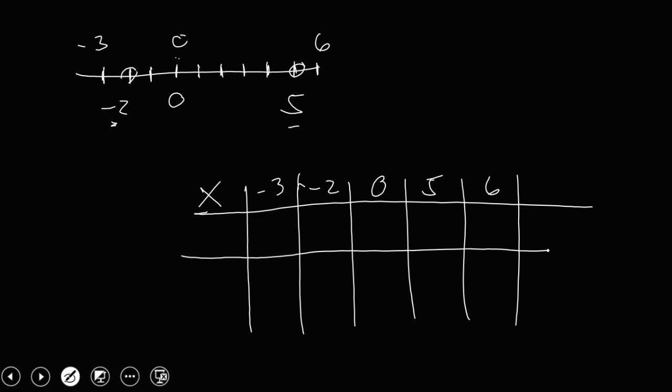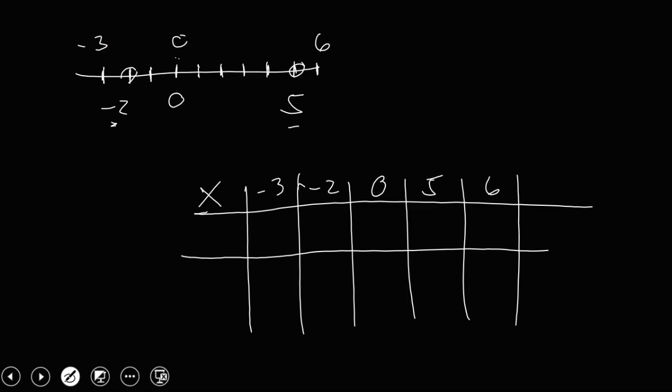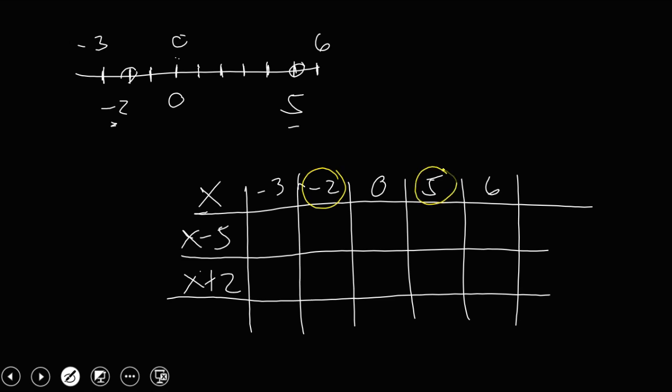Then for the numerator, that's x minus 5. And for the denominator, x plus 2. So again, substitute first the critical values. So if x equals negative 2, 0 denominator, that's error. And if x equals 5, 0 numerator, that's 0.